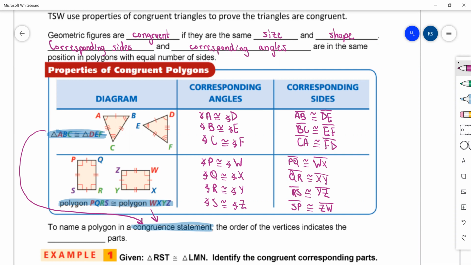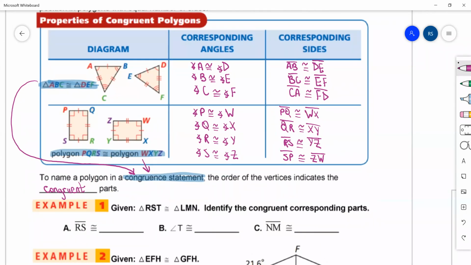The order of the vertices indicates the corresponding or congruent parts. Notice P lines up with W. Those are congruent. Q lines up with X. R lines up with Y. S lines up with Z. So yes, order matters big time.